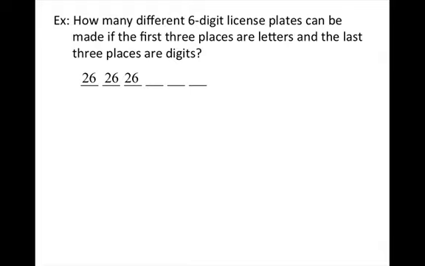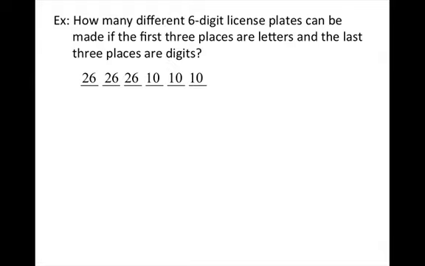There are 10 total digits. I've got the numbers 0 through 9. So for my first digit, I have 10 options. I can pick a 0, a 1, or 2, all the way up to a 9. Like the letters, I wasn't given any restrictions. So for my second digit, I still have 10 options, and the same 10 options are available for my third digit.